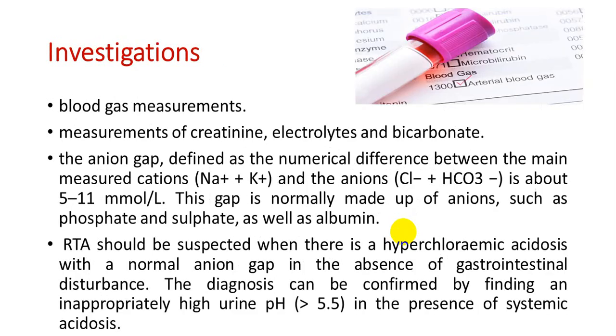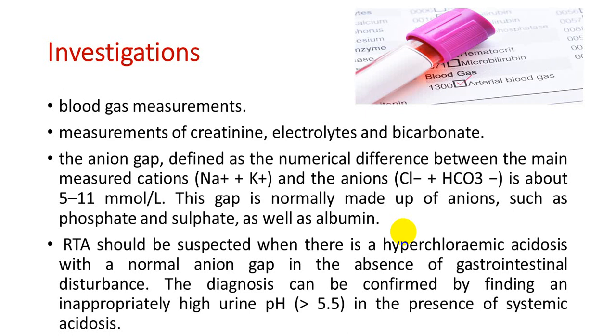What investigations are beneficial in such conditions? Blood gas measurements. This is arterial blood gas analysis. It is available almost in all emergency units and rooms. This is important because it reflects the acid-base balance. Measurements of creatinine, electrolytes, and bicarbonate.